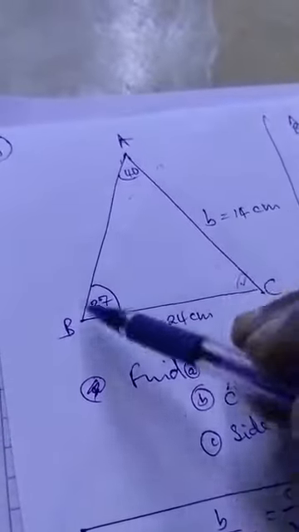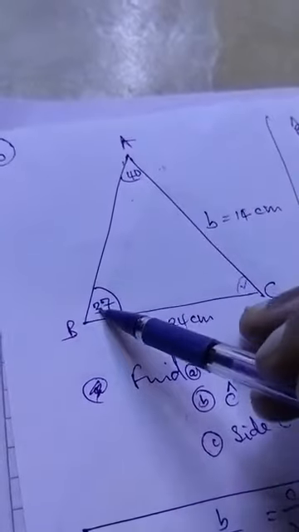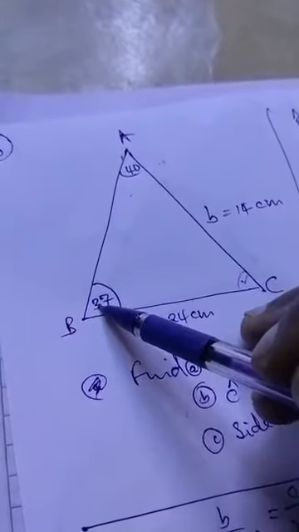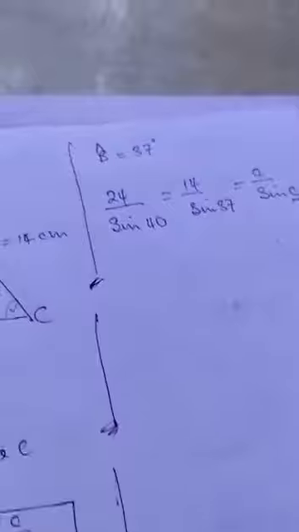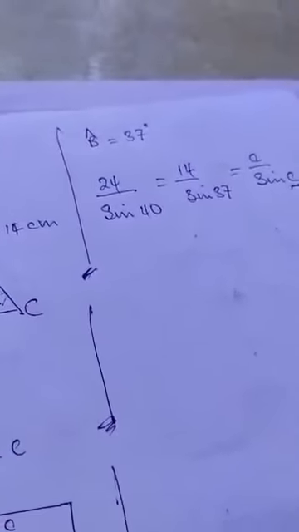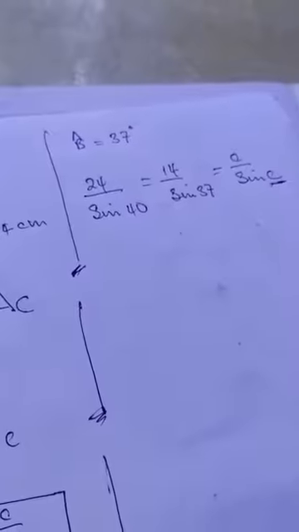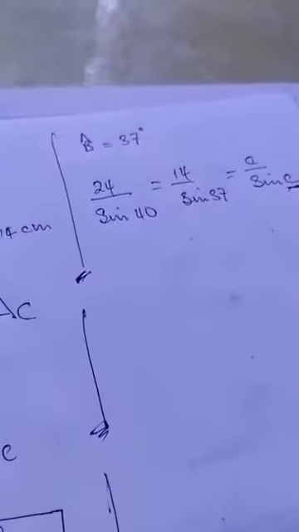So we are going to say 180 minus the 40 plus the answer that you get for part B. That's what you are going to put here. In this case we're going to get C as like 103.